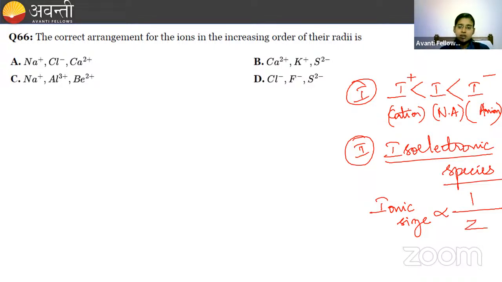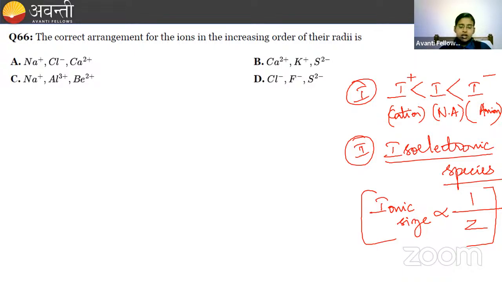It is very clear that we cannot use case 1, because in all the options we have different atoms in the set. So we have to go for the second case, that is isoelectronic. We have to check for the option which has isoelectronic ions.